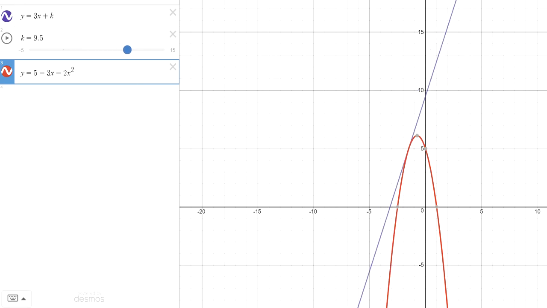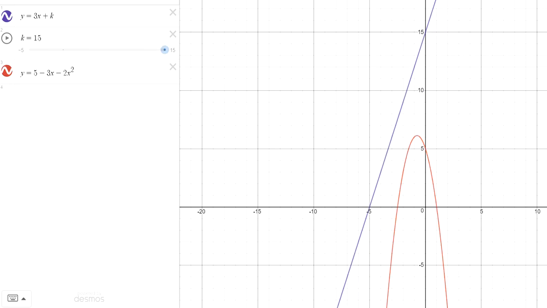You see when k is greater than 9.5, the line goes further and further away from the curve. That's why there is no intersection. And if you want a tangent, it happens only at one point, which corresponds to k equals 9.5.